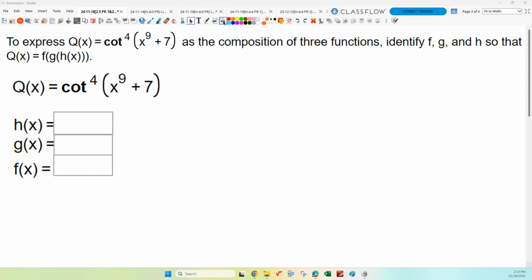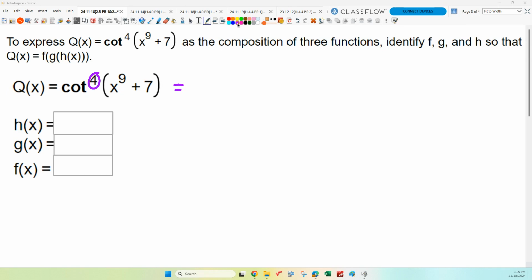So what's useful to do on problems like this, when you have a shorthand notation for a trig function, is to not write it that way. Write it explicitly as layers. How should I rewrite this then? What does this mean? So it means that whole cotangent function taken to the fourth, right?